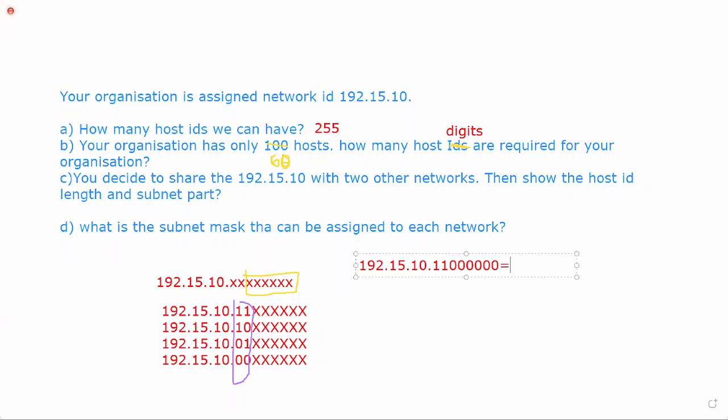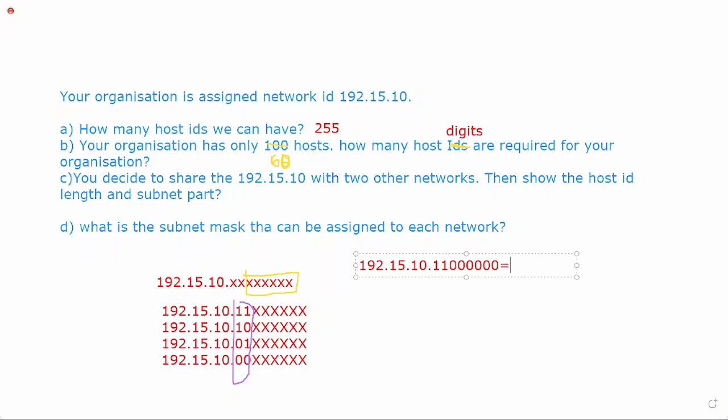So this number, there will be some number. What is this number? Can somebody tell me? Convert to decimal and tell me. 11000000. What is that? Not 256, 192.